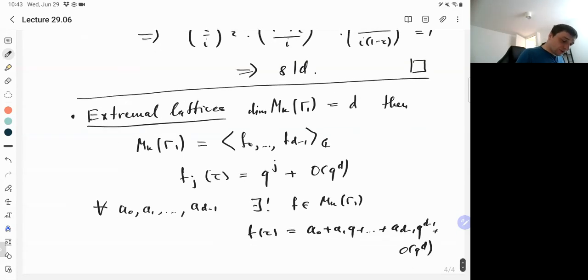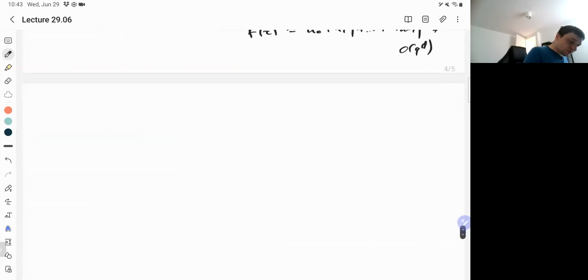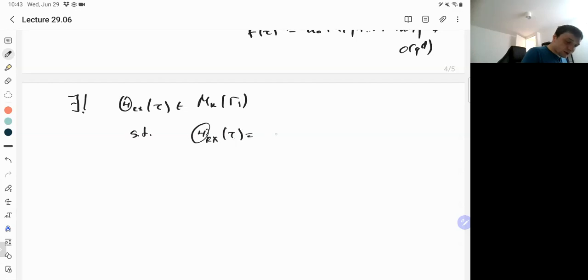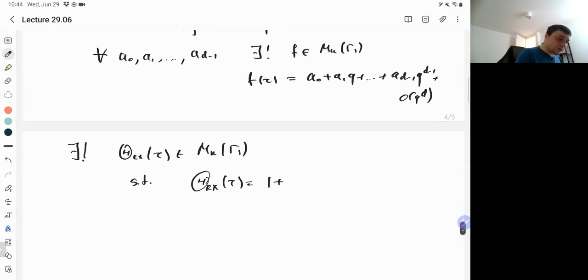And so in particular, there is a unique function called theta ext, or theta extremal of tau, in M_k,1 such that the first coefficients are all 0 except the constant term.